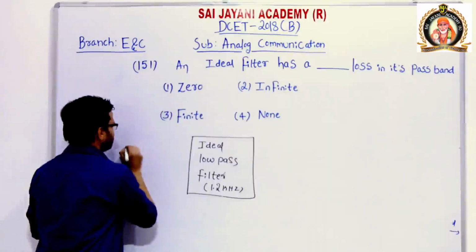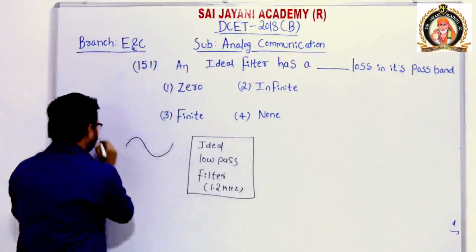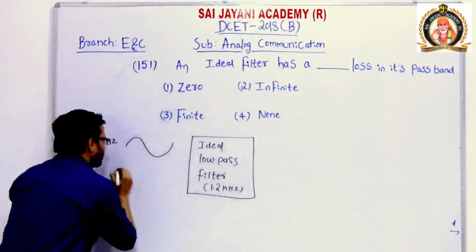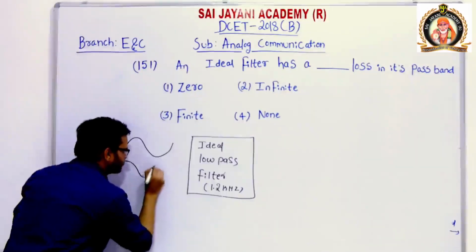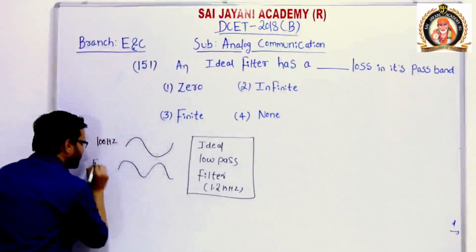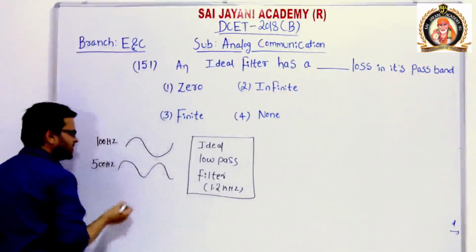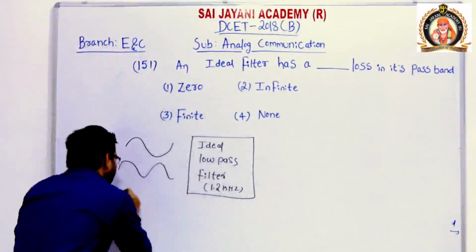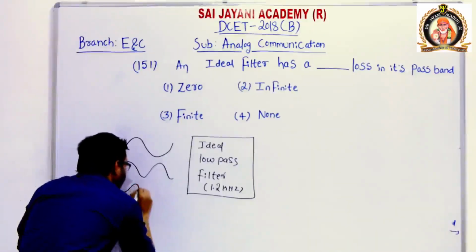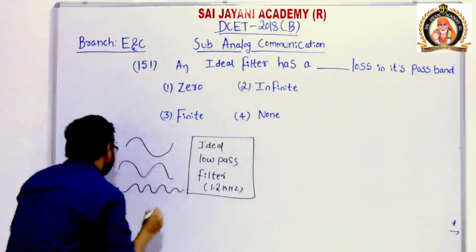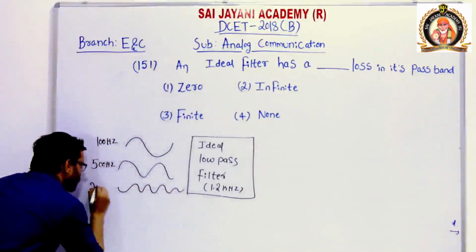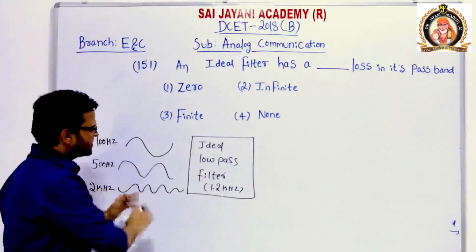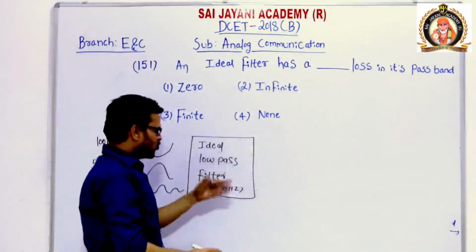The first one is a 100 hertz signal you are supplying to the ideal low pass filter, then a 500 hertz frequency signal, and the third frequency signal is a 2 kilohertz signal. These 3 frequency signals are applied to the ideal low pass filter.